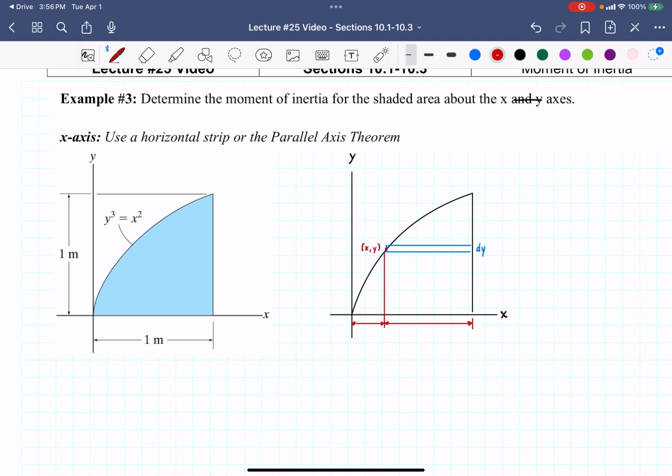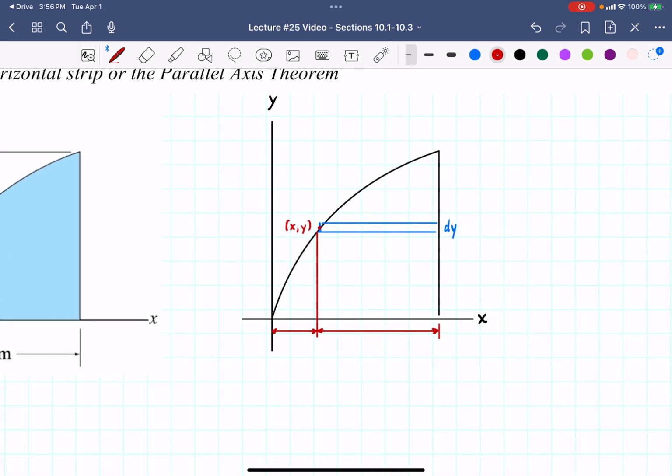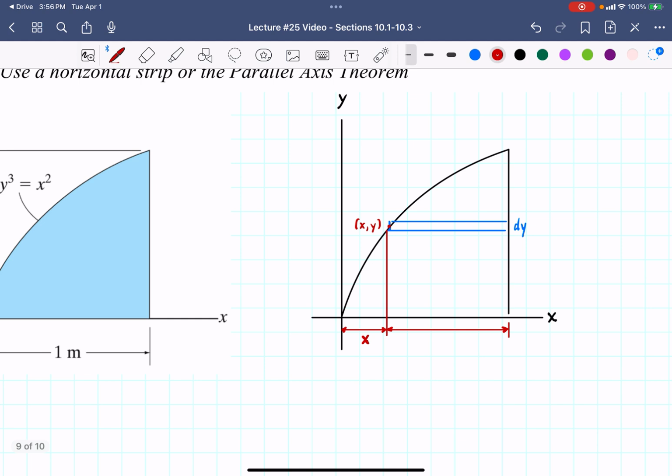I have defined already that my x and y at this location are as shown. This is my x, and this distance is 1 meter minus x, so 1 minus x.